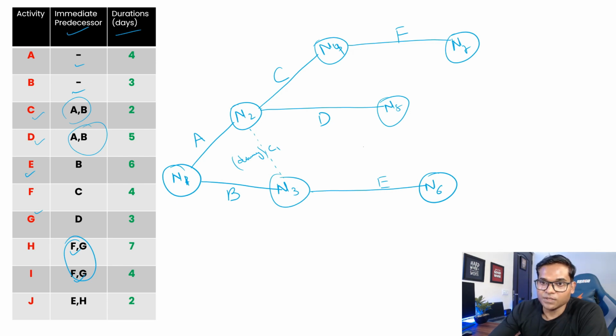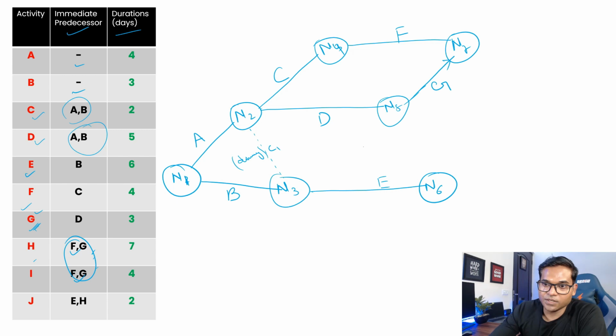And G is starting at D. It means if F is ending here, your G should be connected with this, right? Because we have a common node where F and G are ending, so this should be your G, where F and G are converging. So from here, we have drawn F, G.